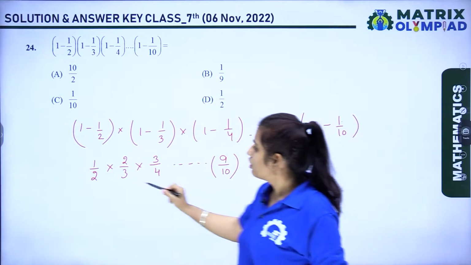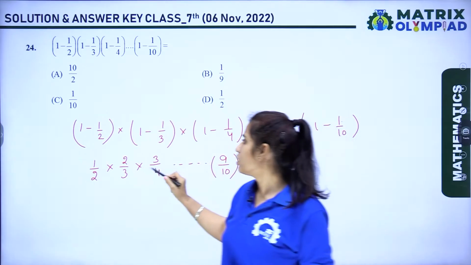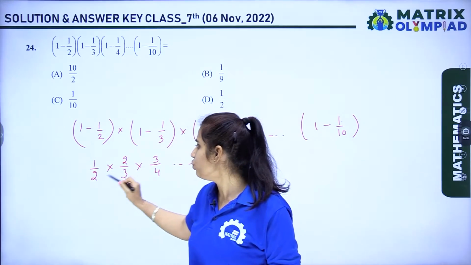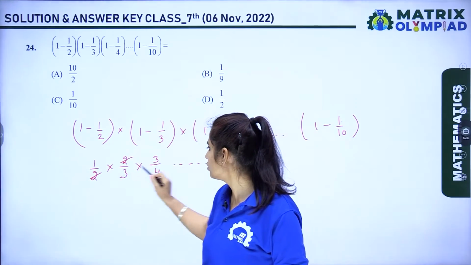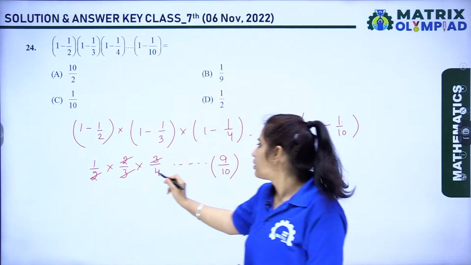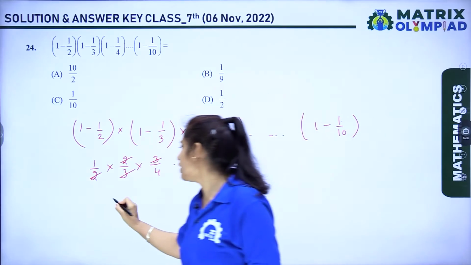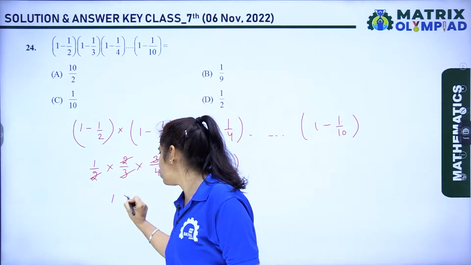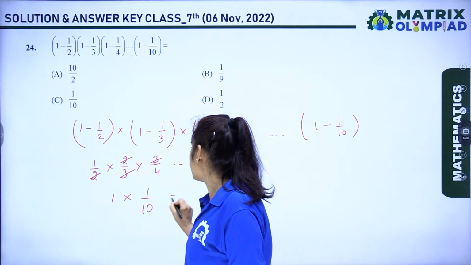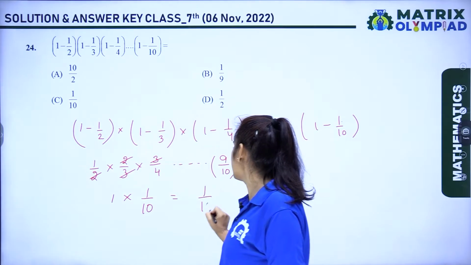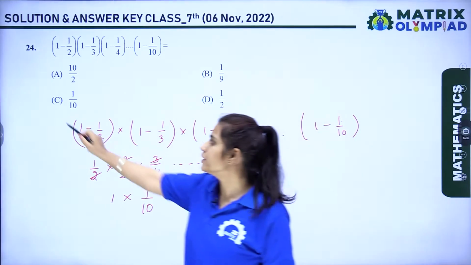So here, from the brackets, we get 1 upon 2 multiplied by 2 upon 3 multiplied by 3 upon 4. So when this calculation goes on till 9 upon 10, then after cancellation we get 1 multiplied by 1 upon 10, that is equal to 1 upon 10. So the answer of this question is 1 upon 10, that is option C.